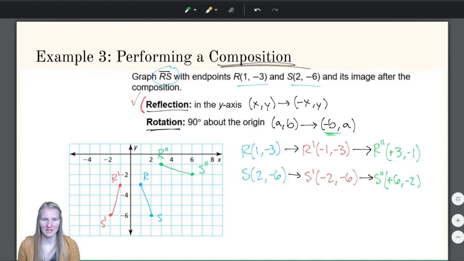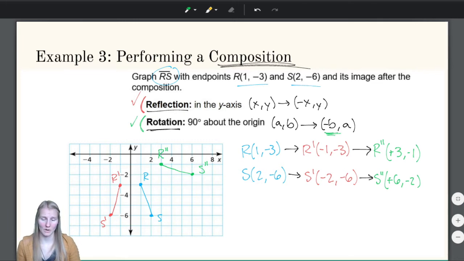Okay, so you can see, first I reflected and then I rotated 90 degrees. So going from the origin to R prime, and from the origin to R double prime, is a 90-degree angle counterclockwise. Awesome! And we finished our rotation.